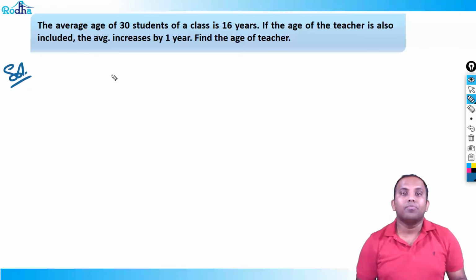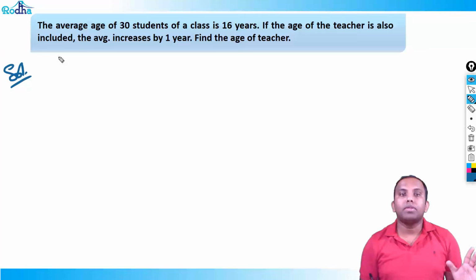Okay, so the average age of 30 students of a class is 16 years. So there are 30 people, and 16 years is the age. The age of the teacher is also included, and the average increases by 1 year, right? So first we'll solve without pen, and then we'll see the method.